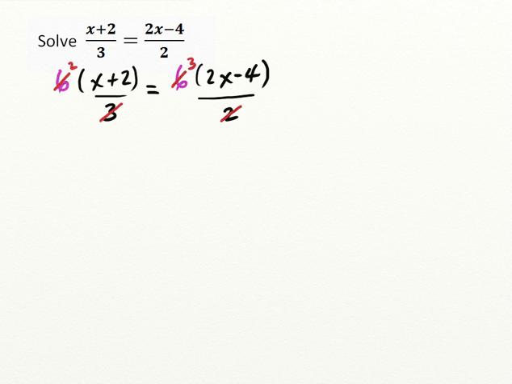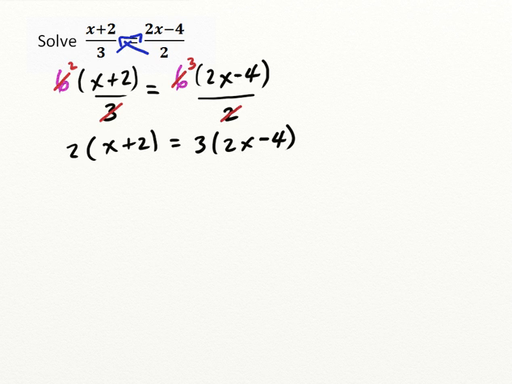What that leaves me with is 2 times (x plus 2) equals 3 times (2x minus 4). It's interesting to notice that that is exactly what we would have got had we cross multiplied these two terms across the equal sign.